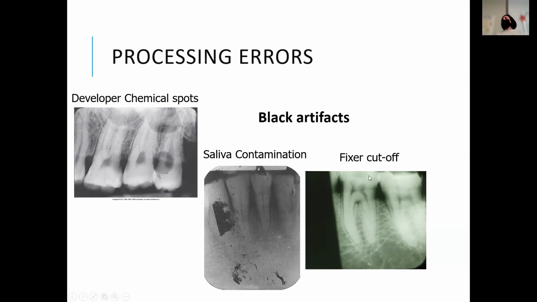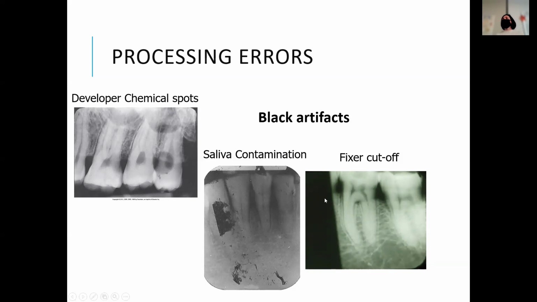And then the fixer cutoff means that no fixer got on the black area, it only got developed. So nothing got fixed, basically. It's hard to even really give you guys an activity to help you remember this, and I doubt there's going to be very much to be tested on.